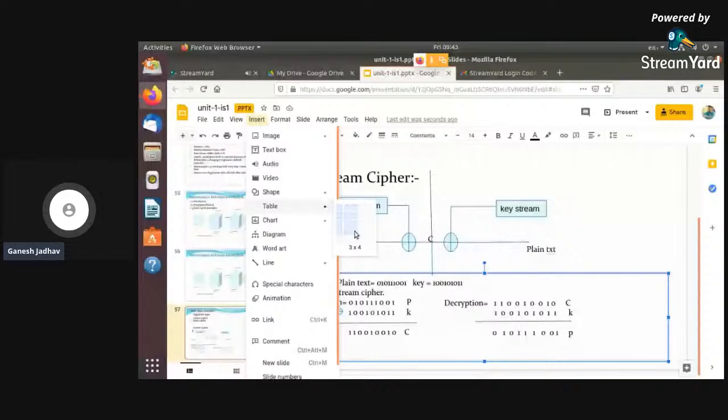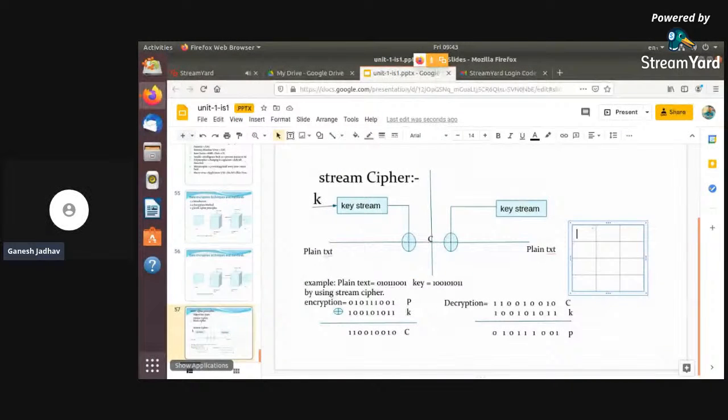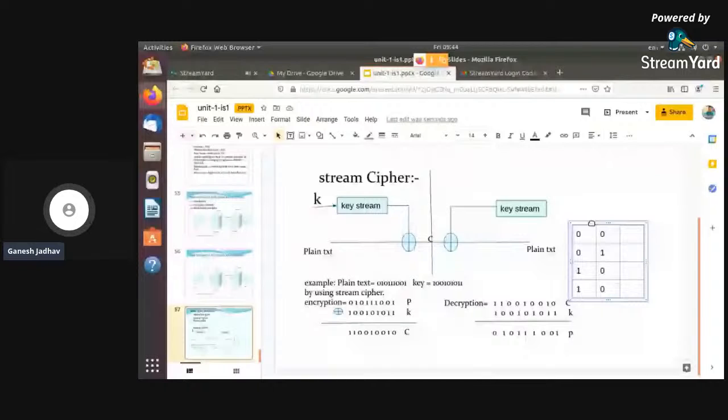In XOR operation, the inputs are 0 0, 0 1, 1 0, 1 1. The first two columns are the input, and the third column is the output.